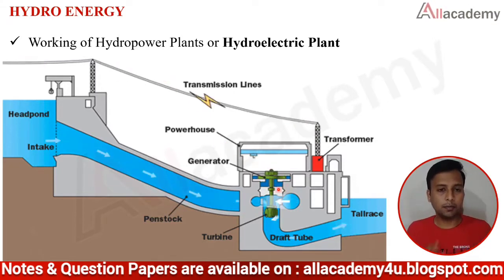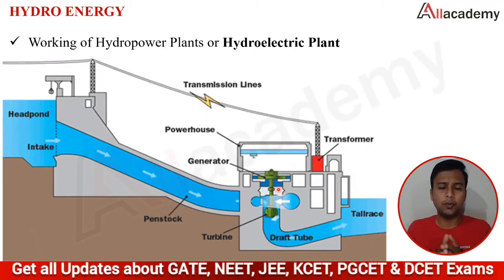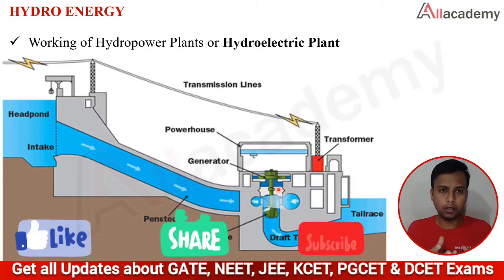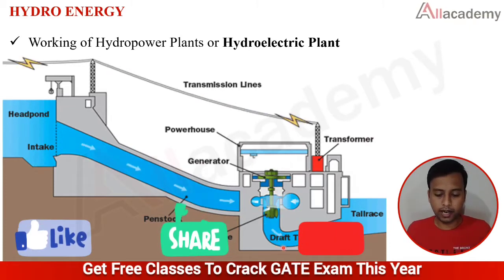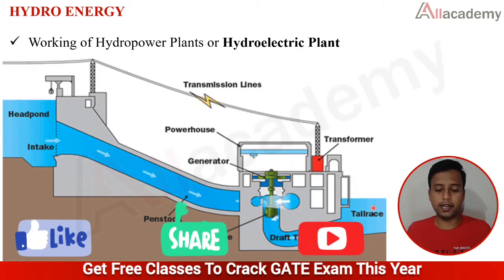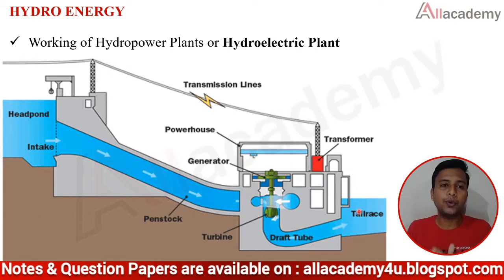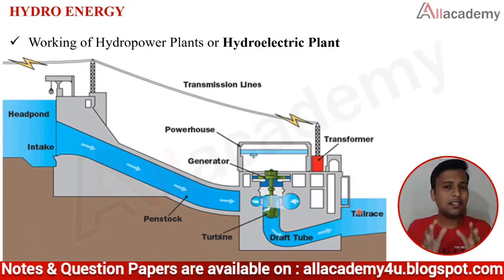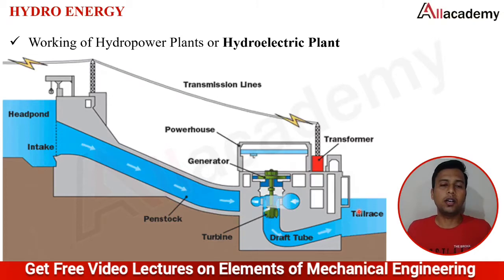After the conversion of potential energy into mechanical energy, the water comes out from the outlet of the turbine, and with the help of a draft tube it will enter into the tail race. And this draft tube helps to reduce the energy, because some quantity of potential energy will be left in this water, so that will be reduced in the draft tube.